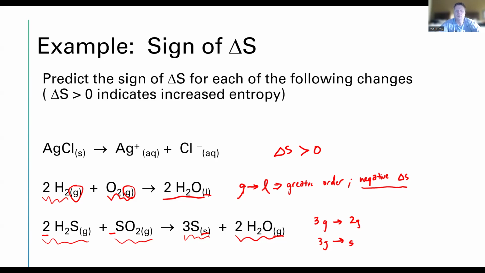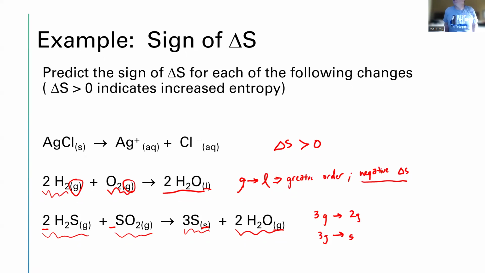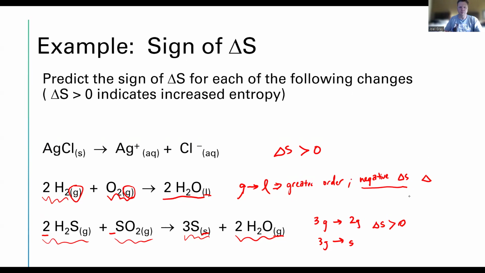So this last one, it's really kind of tough, and you can justify it as delta S is negative, but chances are this is going to be delta S positive, just as the first one is. Or sorry, this one by comparison, our delta S, chances are it's going to be a negative value.